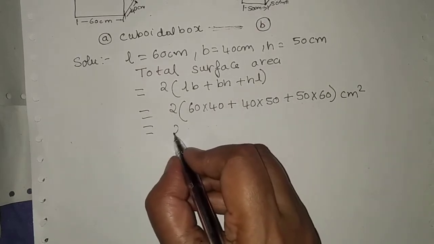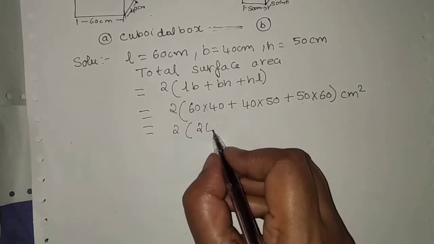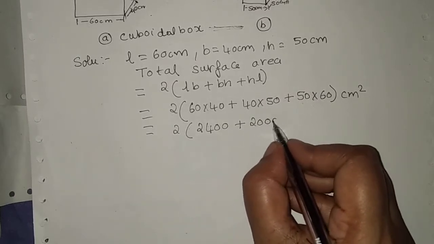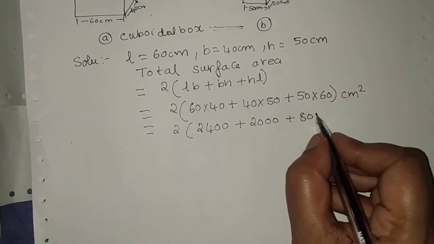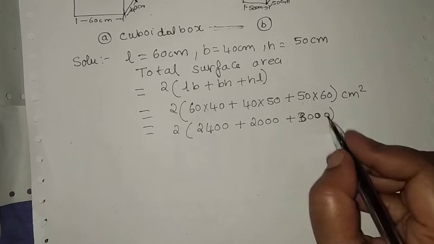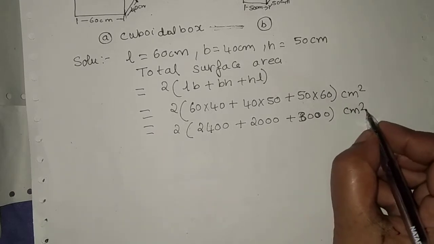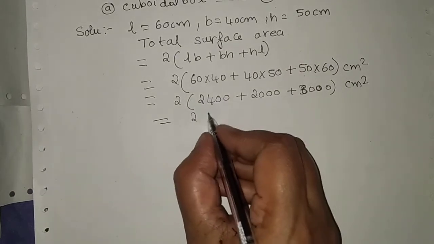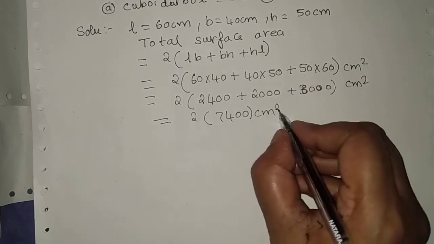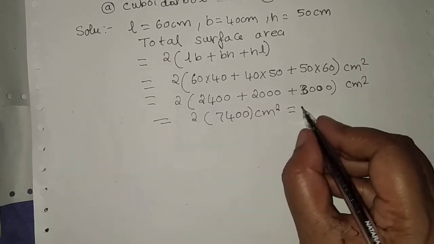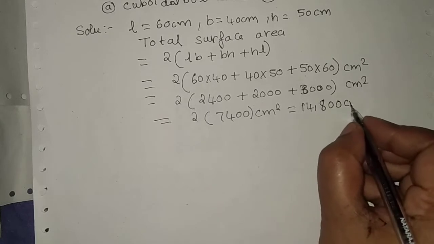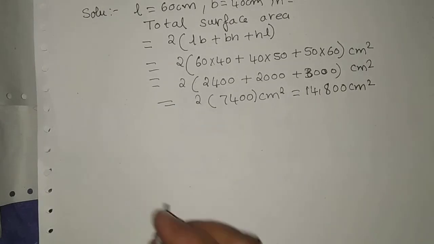Now we have to simplify. 2 into 2400 plus 2000 plus 3000, centimeters square. Now add all this, we get 7400 centimeters square. Multiply by 2, we get 14,800 centimeters square. This is for diagram A.